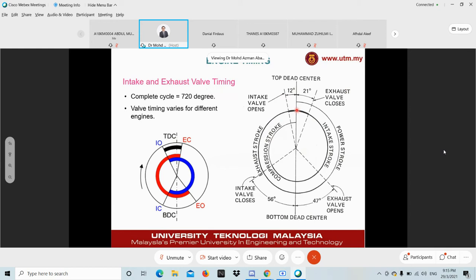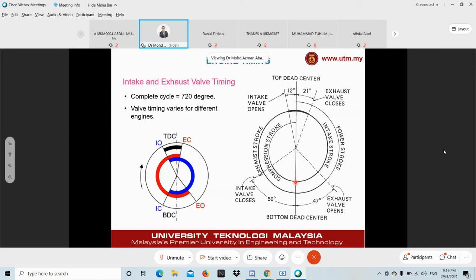Yes, doctor. Okay, so start with the intake stroke. We know that in the intake stroke, the piston moves from TDC to BDC. As the piston moves from TDC to BDC, it rotates 180 degrees. By the time the cursor reaches here, we know that the piston is at bottom dead center, BDC.